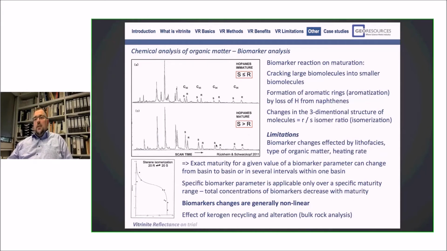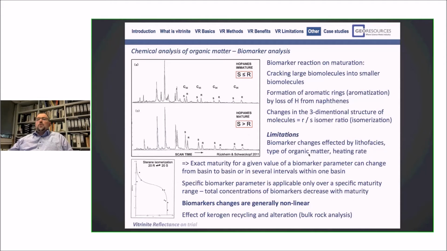But the problem is, again, is it primary or is it secondary. That's something we cannot solve with biomarker analysis either, because we just work with bulk samples. And the other point is that biomarker changes are also affected by lithofacies, by the type of organic matter, by the heating rate, and other factors.